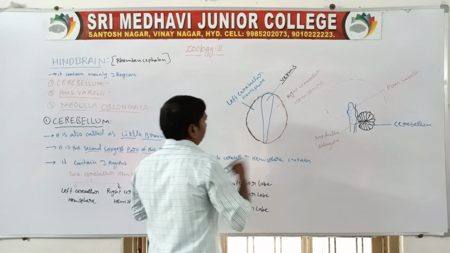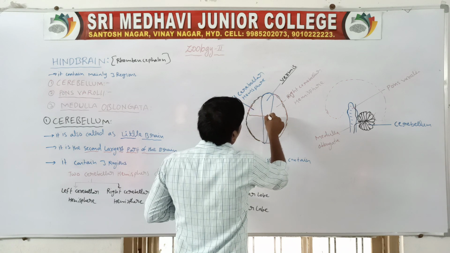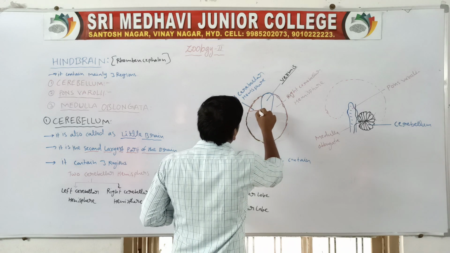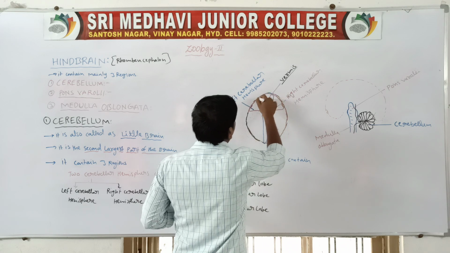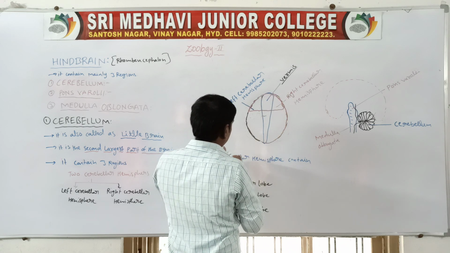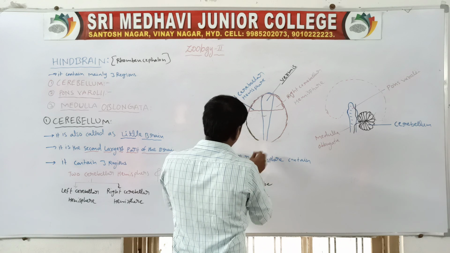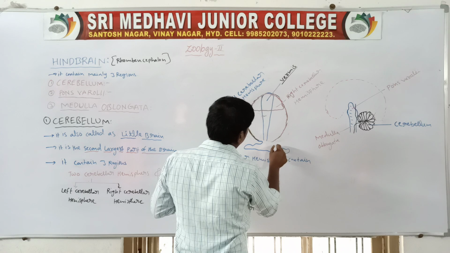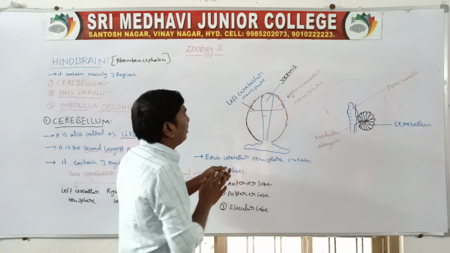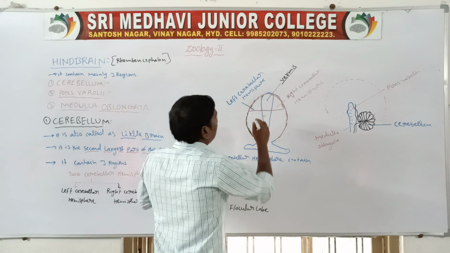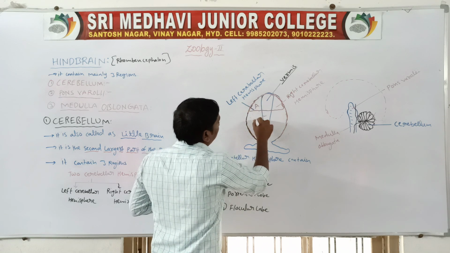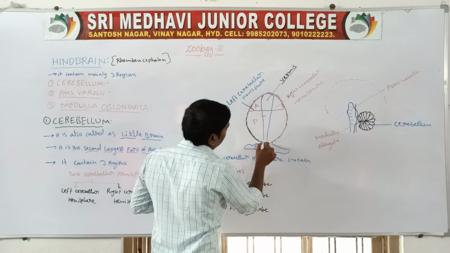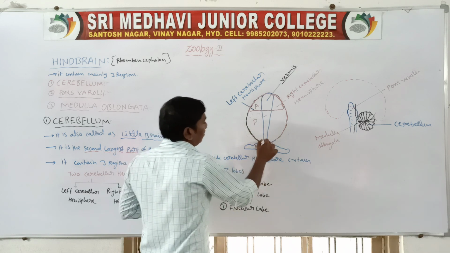These are the anterior lobe, the posterior lobe, and the floccular lobe.